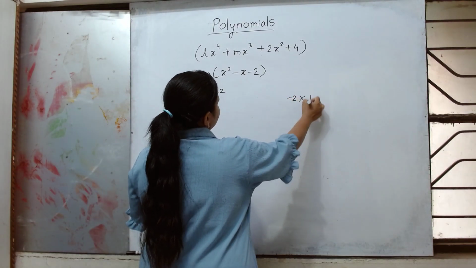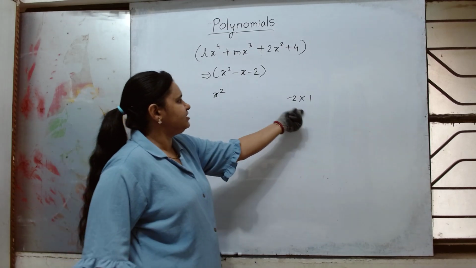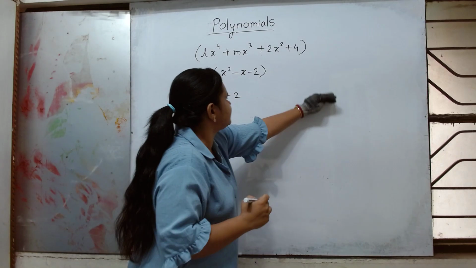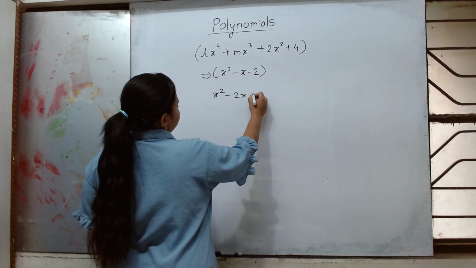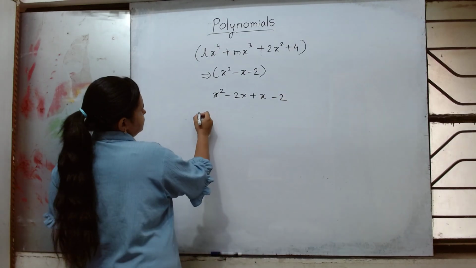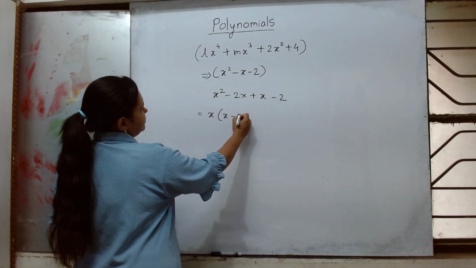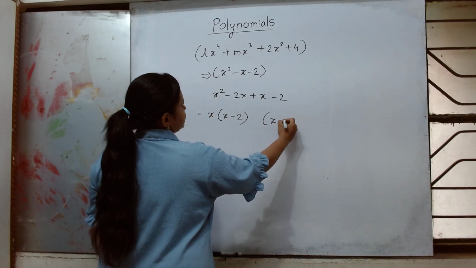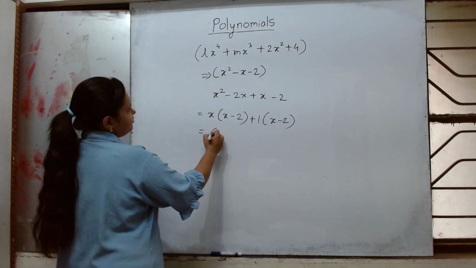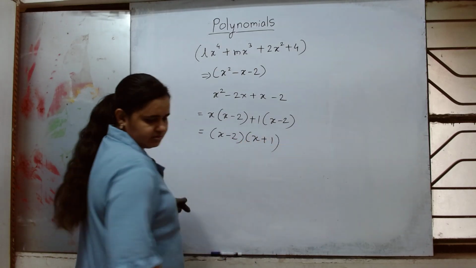Minus 2 into 1 is minus 2, and their sum, minus 2 plus 1, is minus 1. So those numbers are minus 2x and plus x, minus 2. Hence x will be taken common: x minus 2, in the second bracket it will be x minus 2, and common is 1. So the factors of this are x minus 2 and x plus 1.